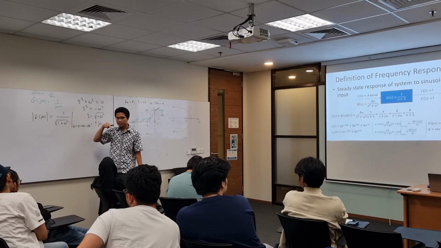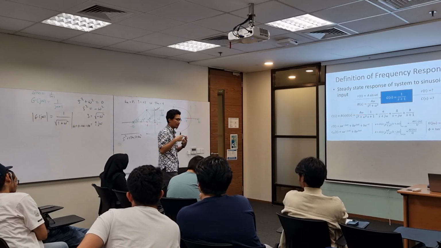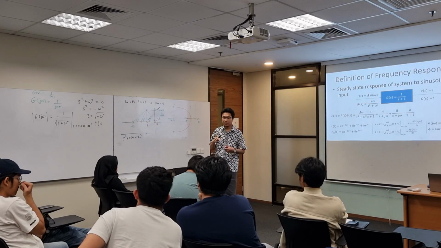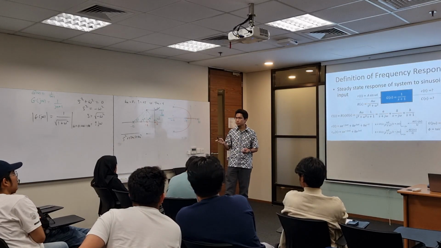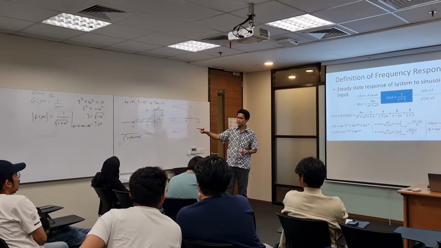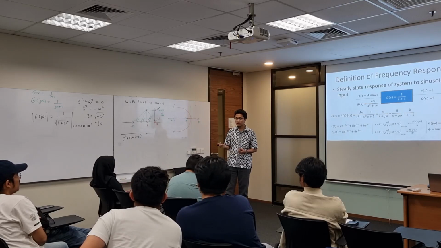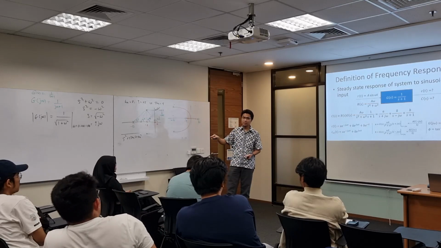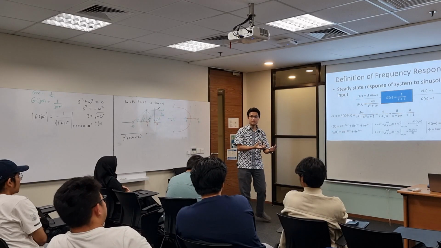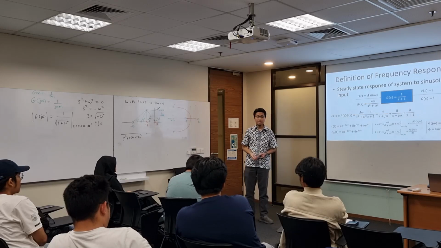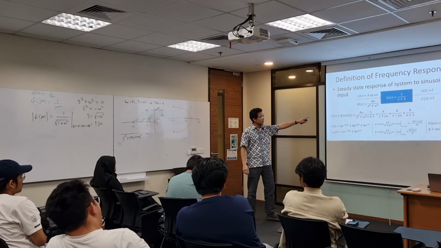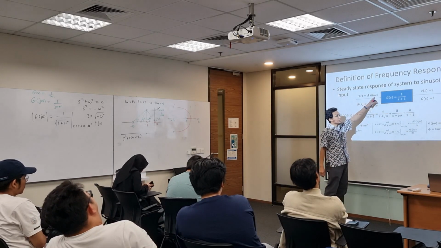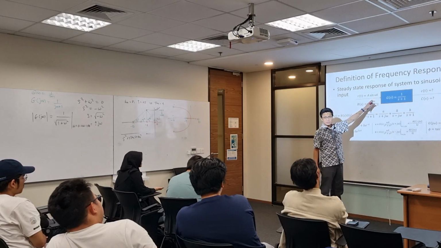Omega is just the variable, like t in the time domain. We are not supposed to solve it until we get a closed form solution or take out the omega. You replace the omega with the range that you want. Omega in that case is the frequency of the sinusoid.